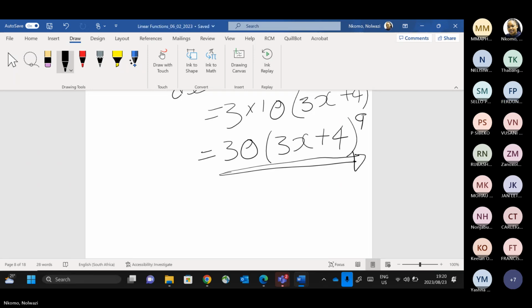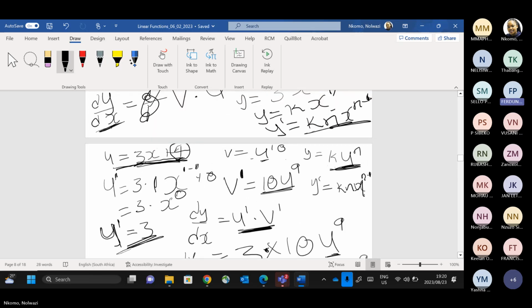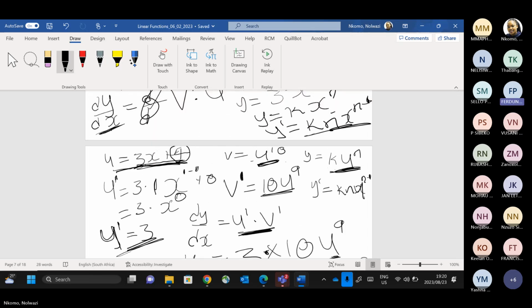Sorry, the v function, the one that was v equal to u to the power of 10 on the next page. Is that not the basic exponential form of function? It is. So is the derivative not then that function itself?